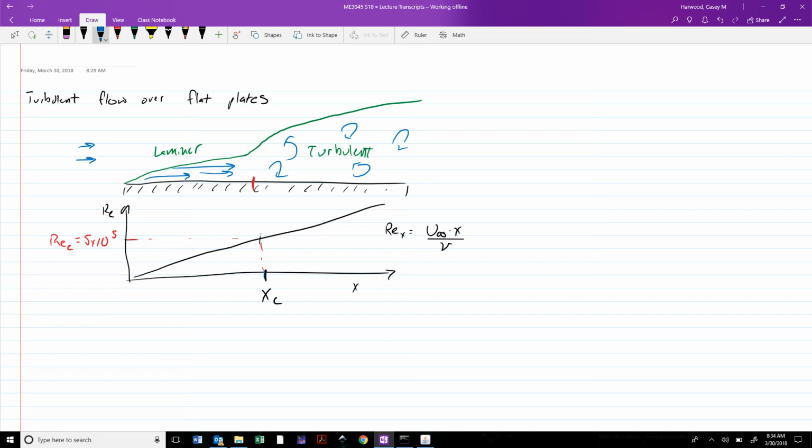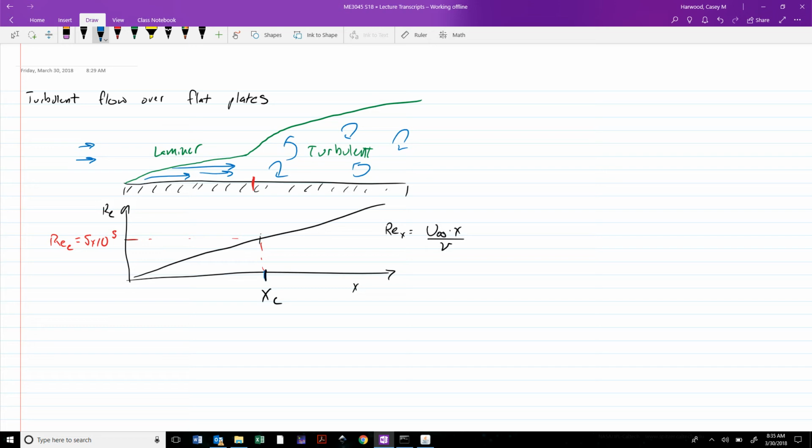In turbulent flow, though, we've got large-scale mixing, so it's much more efficient at moving heat away from or toward a surface, and so it's a much better mechanism for heat transfer.